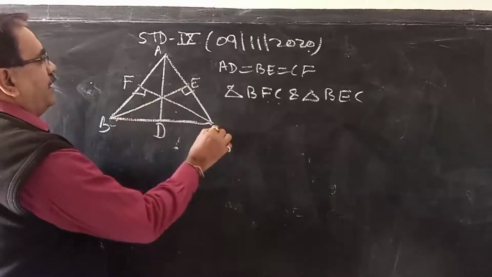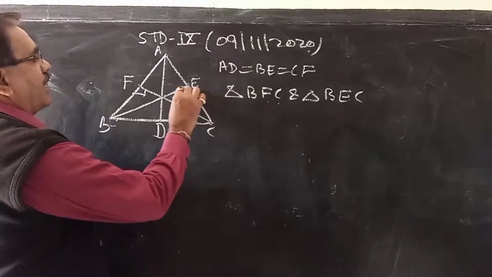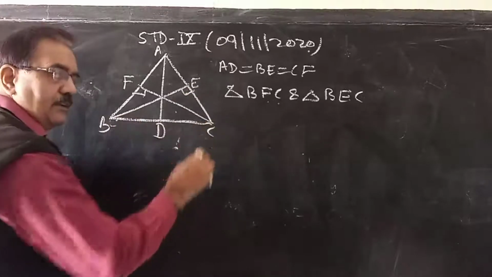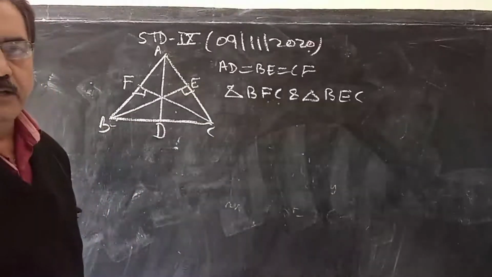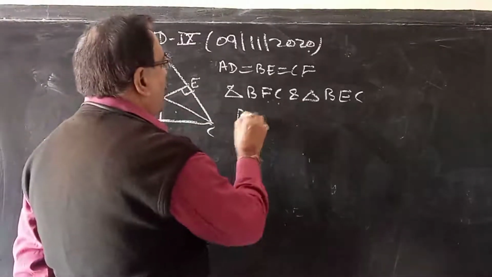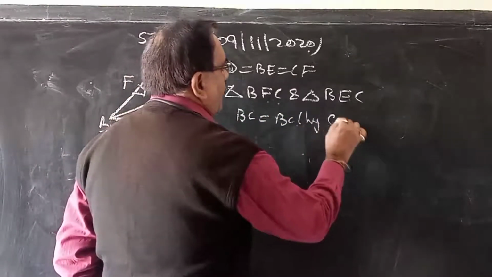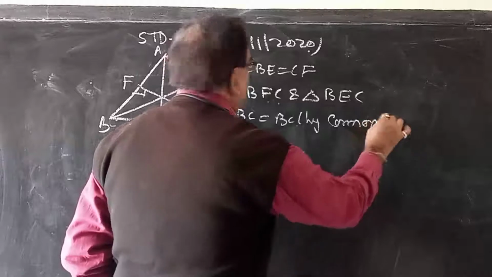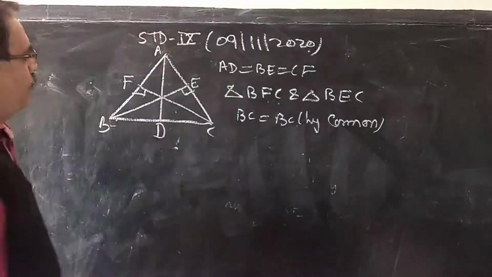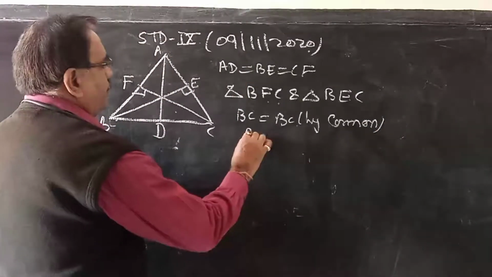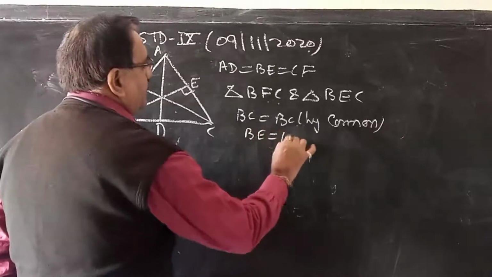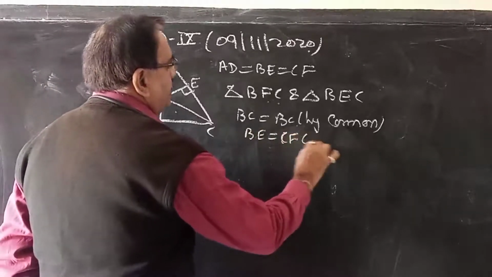In this triangle also, this is 90 degree and the side opposite to 90 degree is BC. This is the hypotenuse. So the hypotenuse is common in both the triangles. And one side is already given, BF is equal to CE. It is given.